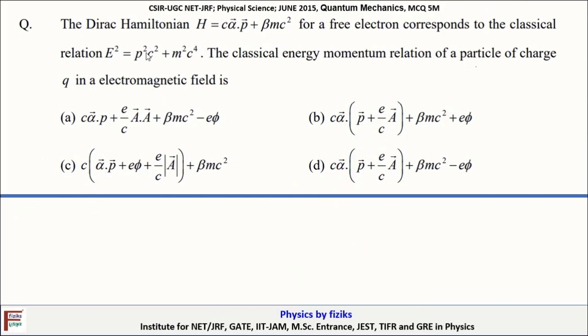This problem is related to relativistic quantum mechanics. Here, the Dirac Hamiltonian for an electron corresponding to a classical relation is given.